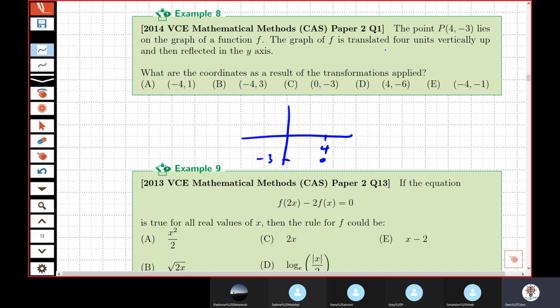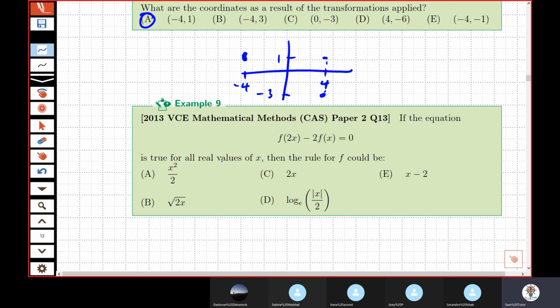The graph f is translated 4 units vertically up and then reflected in the y-axis. So look what I've done. Go 4 units up, you're at 4 and 1, and then reflected in the y-axis. So that means it's at negative 4 and 1. That was easy? Good. Next one.